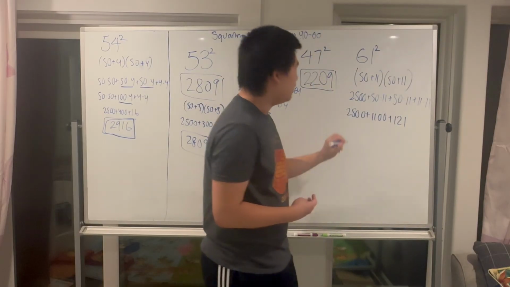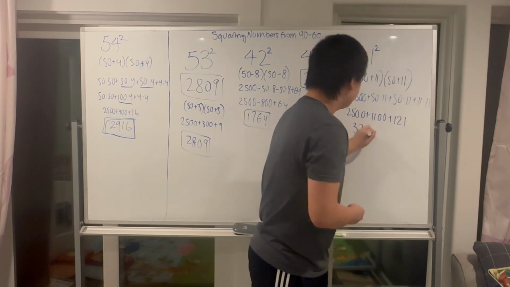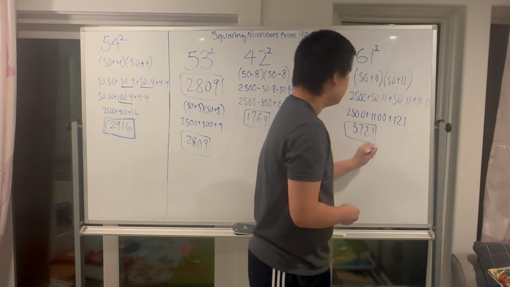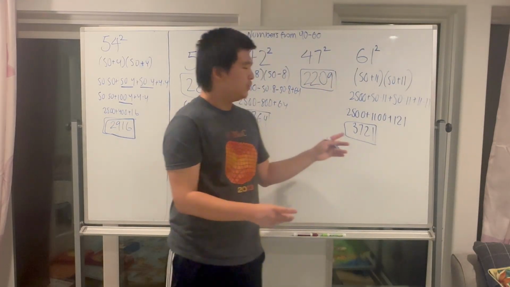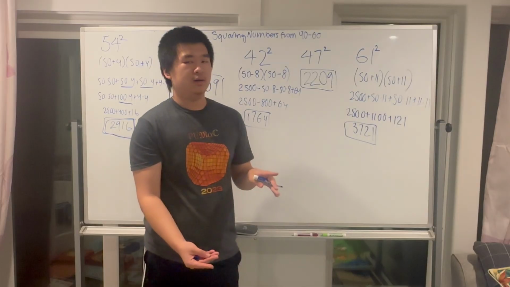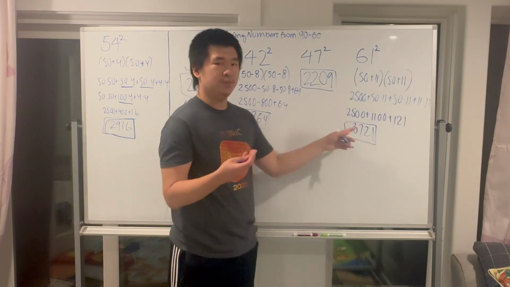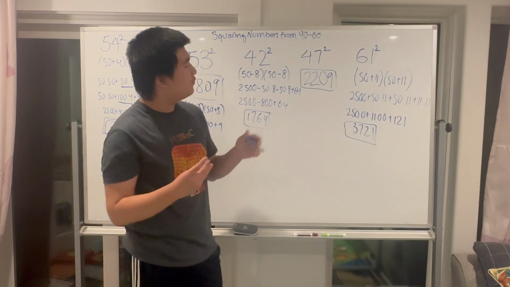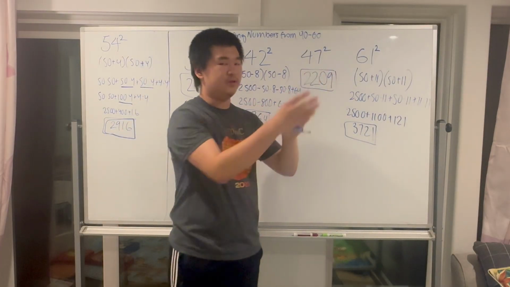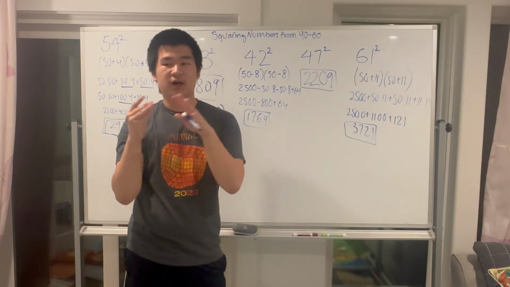And this is a sum of 3721. All right, so where does this answer come from? Well, 21 isn't anything squared, but when we did the addition, it wasn't 21, it was 121, and that's the important part, right? If we take the difference from 61 to 50, we get 11, and 11 squared is 121.